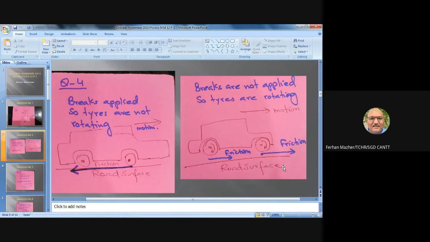It's a very important point that friction will be in the forward direction.